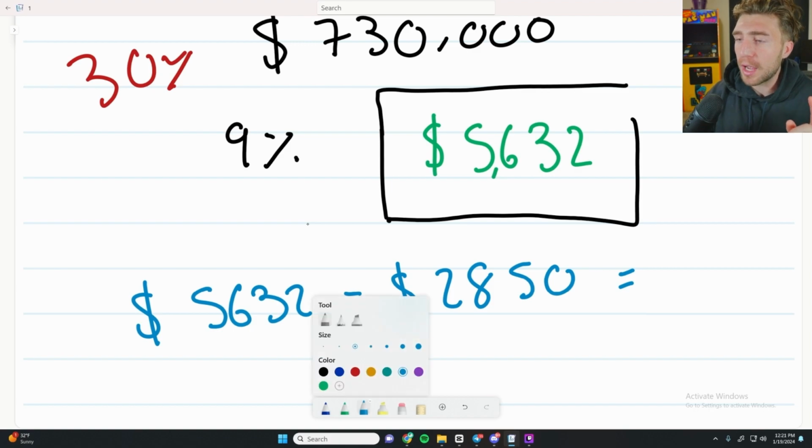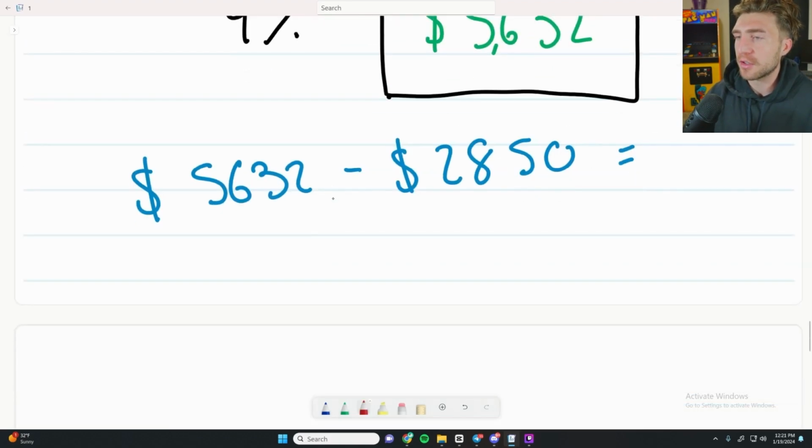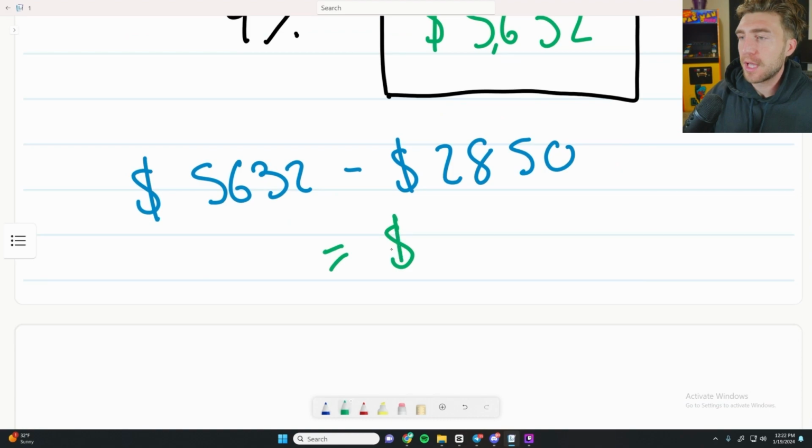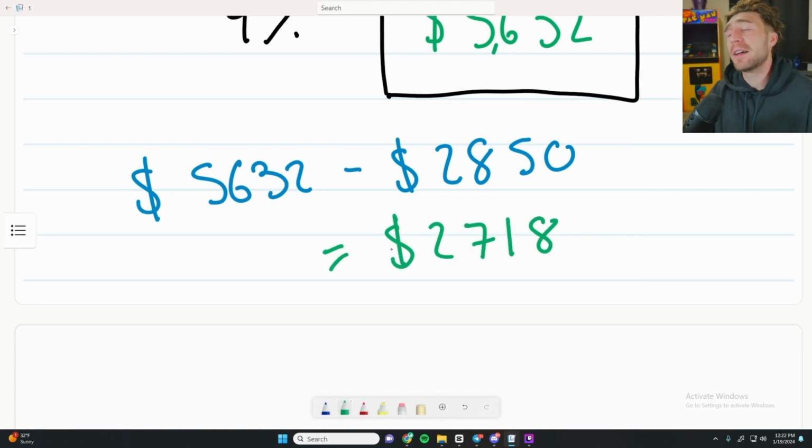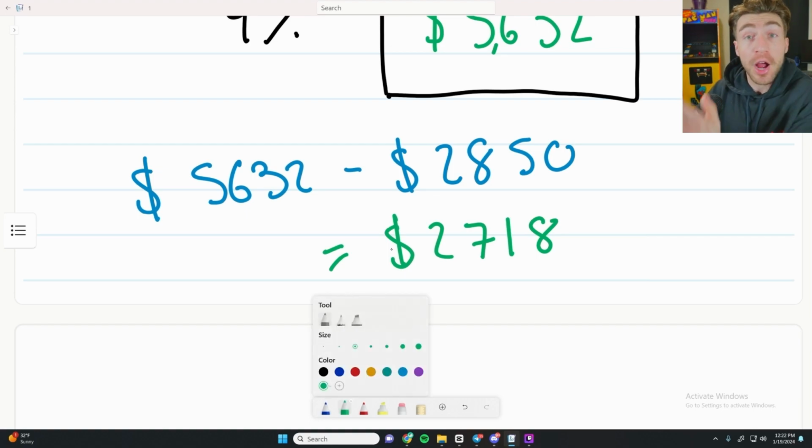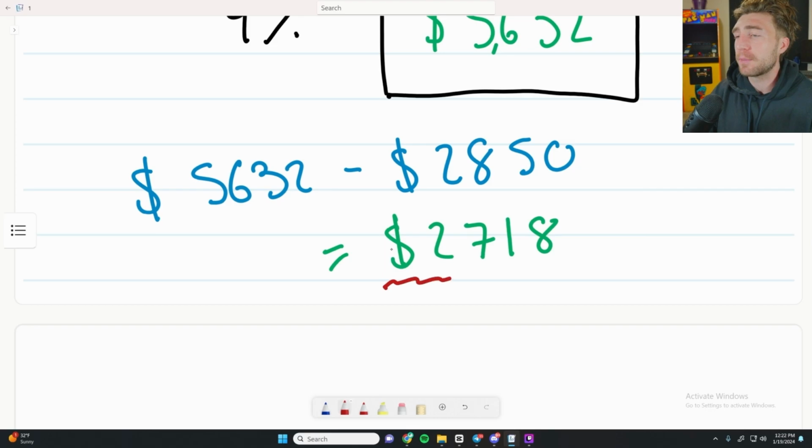But I want to show you why we need to sell it for more. You'll see in a second. So our spread is equal to $2,718. You're making $2,718 per month in profit. That's passive income profit. Where do you get passive income profit in real estate?